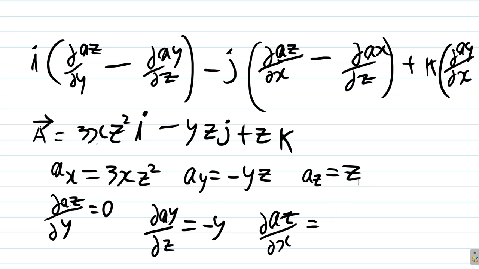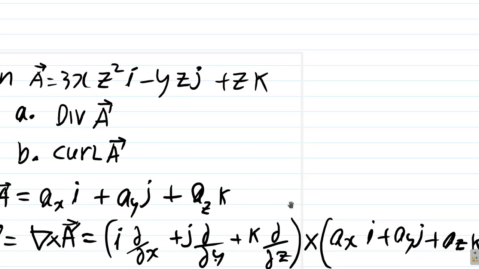Az is just z, so the partial of that with respect to x would be 0. What about the partial of Ax with respect to z? Ax is 3xz squared, so when you differentiate with respect to z, you get 2 times 3, which is 6xz.